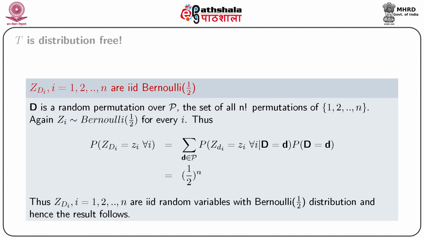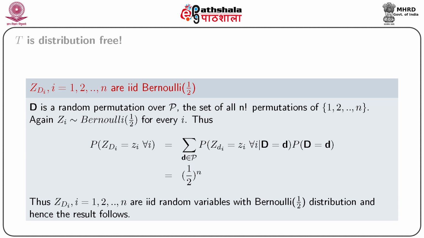Actually, the Zi are IID Bernoulli random variables with success probability half. Therefore, probability Zi equal to 1 is half. And since Xi has a symmetric distribution, probability modulus of Xi less than or equal to small x comes as twice F(x) minus 1. Similarly, the joint probability of Zi equal to 0 and modulus of Xi less than or equal to small x comes as probability Zi equal to 0 multiplied by probability modulus of Xi less than or equal to small x, for every x.